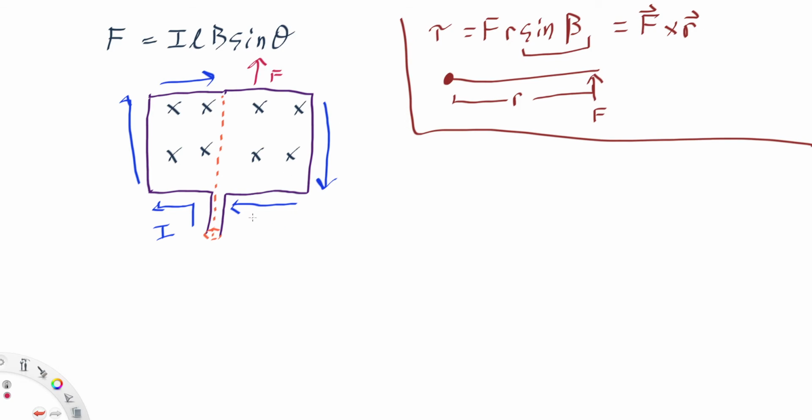On the bottom, because the current is going in the opposite direction, the force will be in the opposite direction. So on the top and bottom of this loop, the force cancels out. So there's no net vertical force from the magnetic field on this loop of wire.